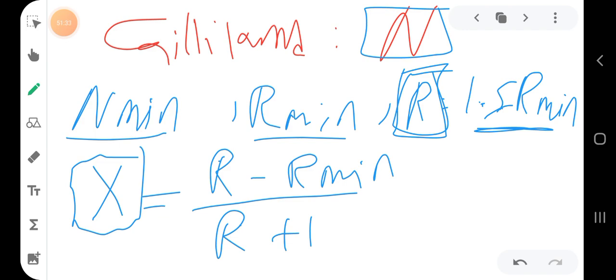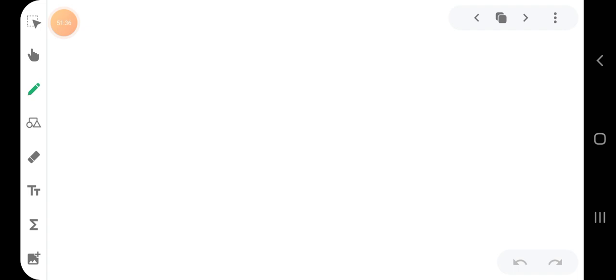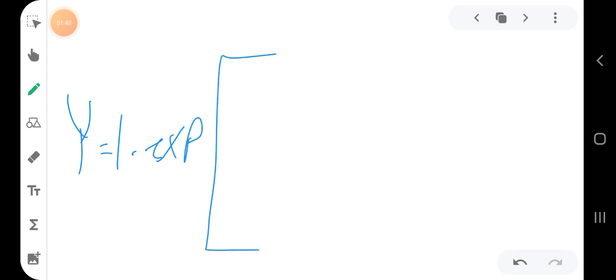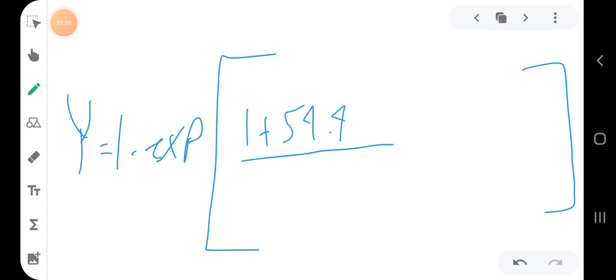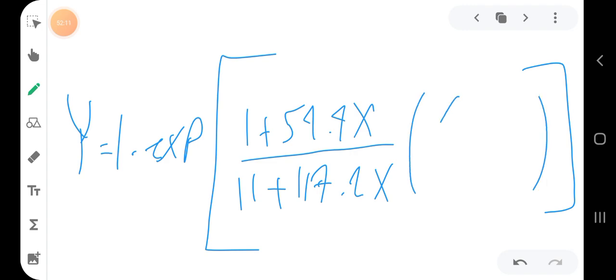You would say that y is 1 minus exponential of (1 plus 54.4x) over (11 plus 117.2x) multiplied by (x minus 1) over x to the power half.